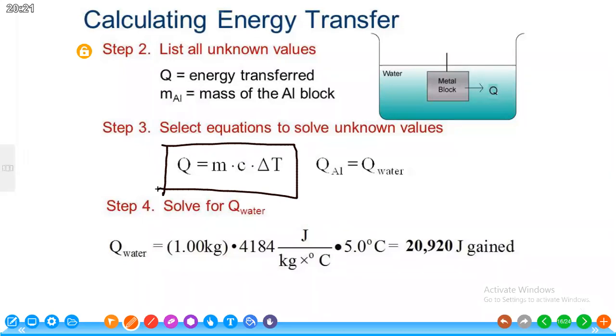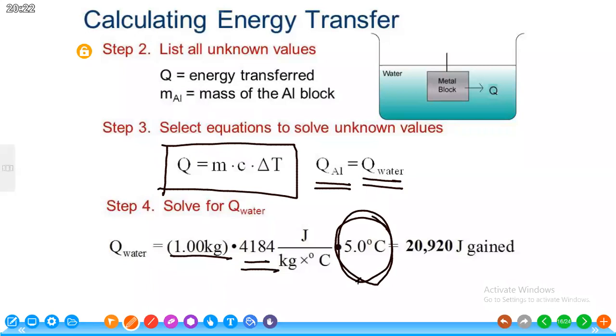The metal block will be equal to the displaced water. On that basis, the mass of this metal block is equal to the mass of the displaced water, and we apply that here. So the energy is equal to, we assume 1 kilogram, the specific heat capacity of water is 4184, and the increase in temperature is 5 degrees Celsius.